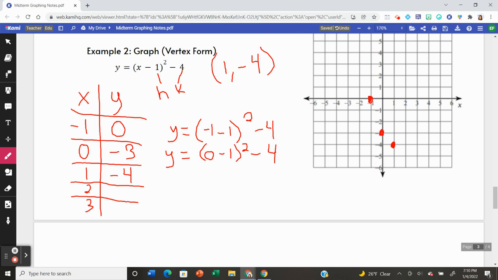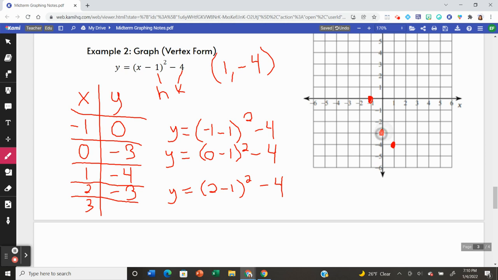I already figured out the vertex from the formula, so I don't have to do that over again. 2 minus 1, quantity squared, minus 4. So again, that gets us -3, and that's exactly what we thought, because hopefully we remember from graphing in vertex form that we have this symmetry. It's exactly an axis of symmetry. It's the imaginary line that goes through the vertex and splits our graph in half.